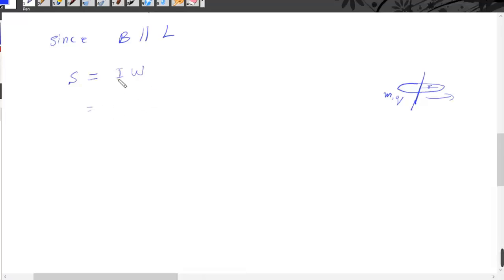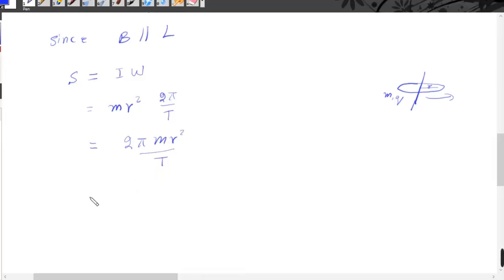The moment of inertia for a ring is equal to mr². The angular velocity is equal to 2π divided by T. Then we simplify this: it is equal to 2π mr² divided by T.